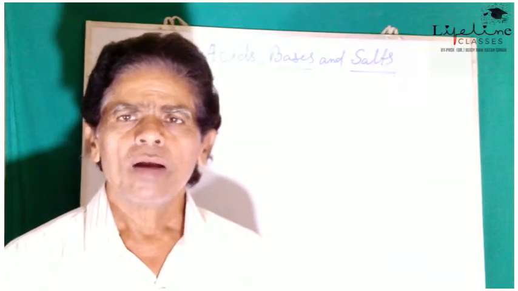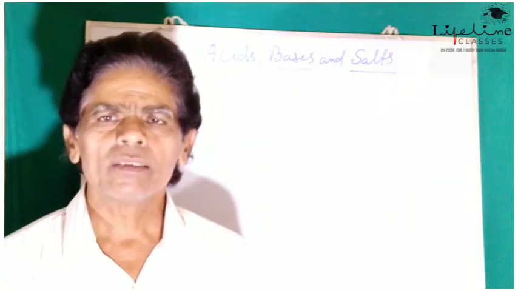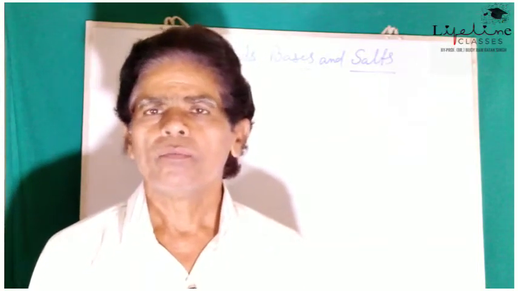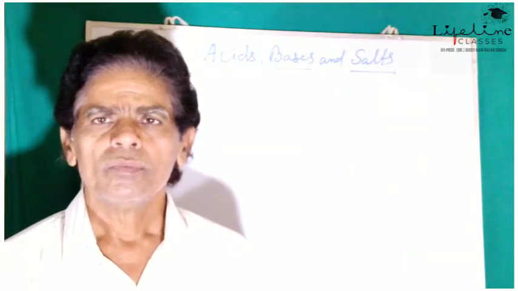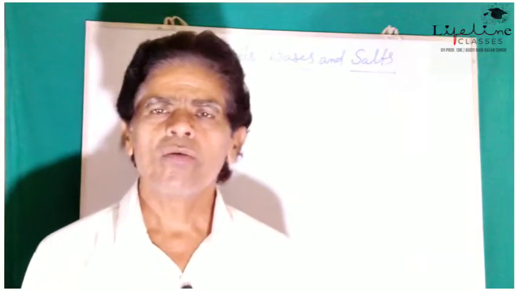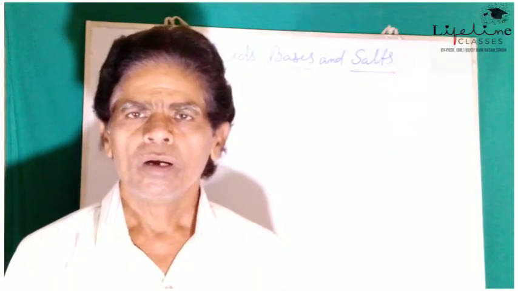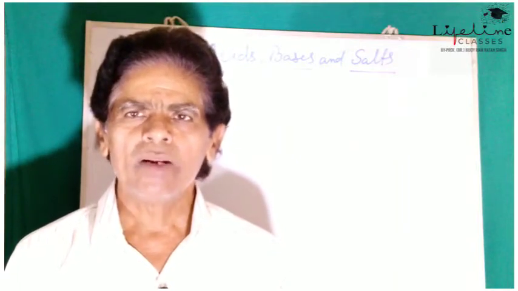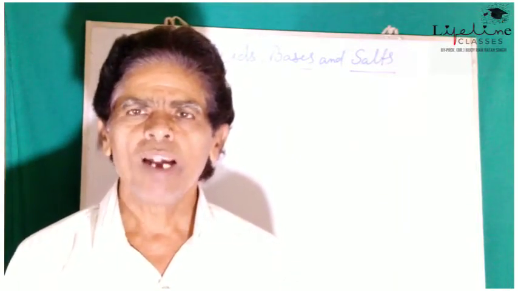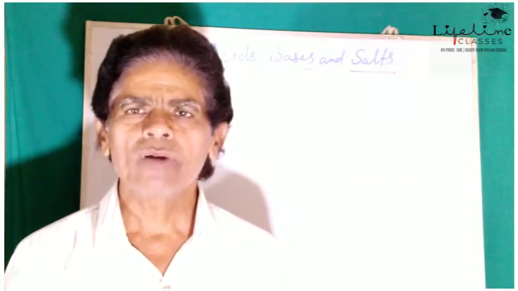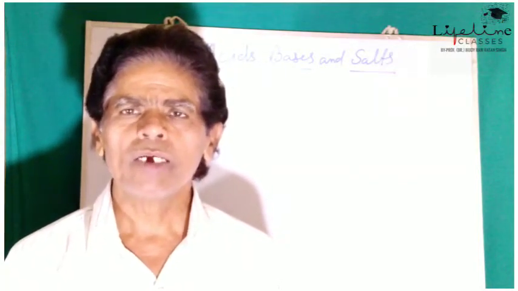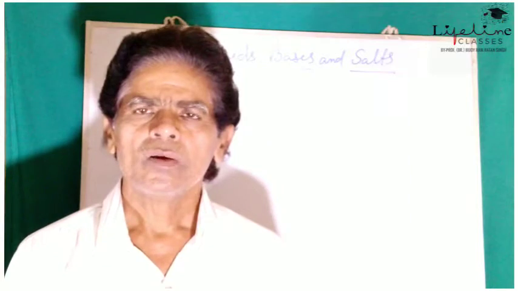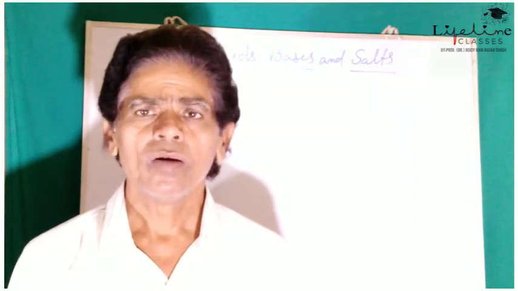Another common natural indicator is the China rose, means petals of the China rose, which is crimson red in normal condition. When the petals of China rose are boiled with water and we extract the colored solution, it may serve as a good indicator. How?